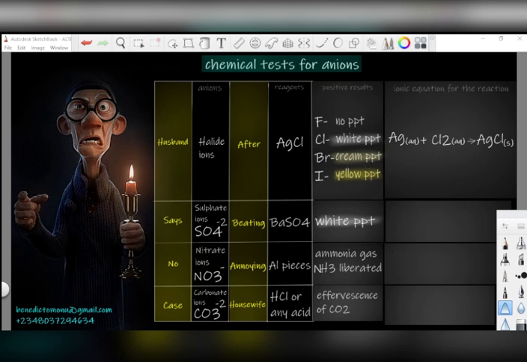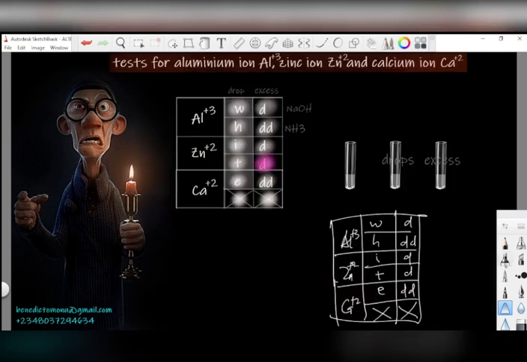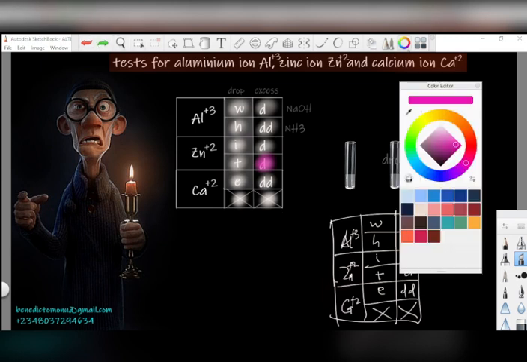But before we look at chemical tests for anions, something just came to my mind. If we are writing an ionic equation for, let's say, the case of zinc, where it forms a precipitate, what do we write? The zinc, I prefer to write in white. The zinc cation with the hydroxide ion will form zinc hydroxide.